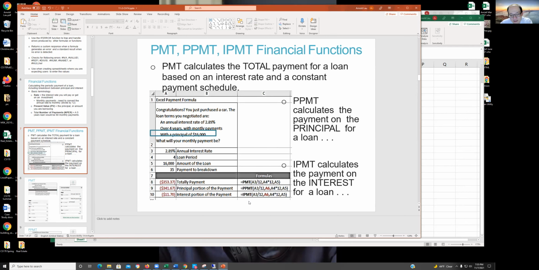And remember, you have to know which period you're talking about, because your principal and your interest will vary throughout the life of the loan. Up front, you're going to have a much bigger portion of your payment dedicated to interest, versus on the back end where your interest payment becomes fairly small. That's why it's important to know which period you're talking about.